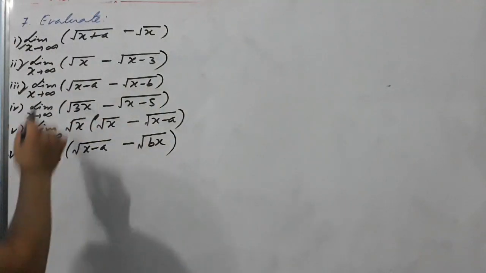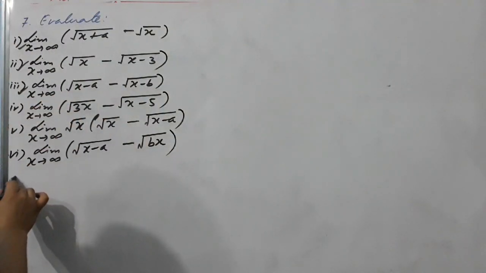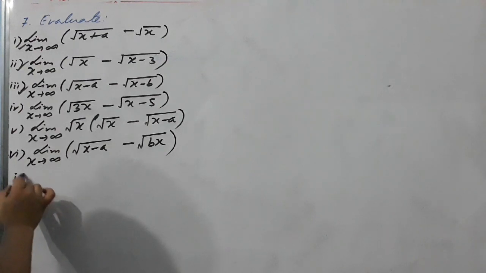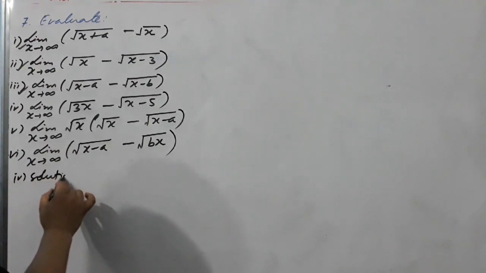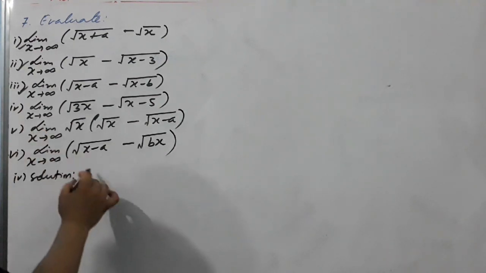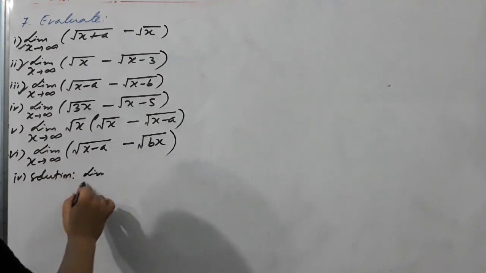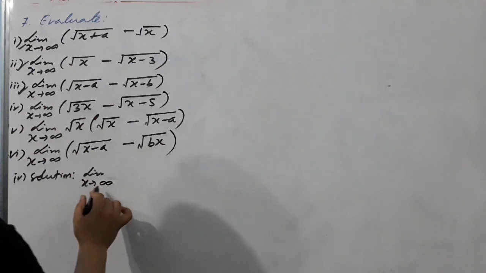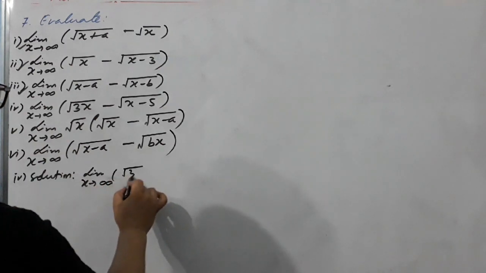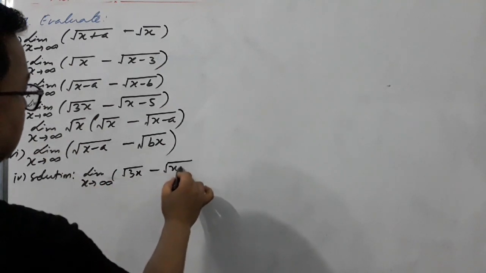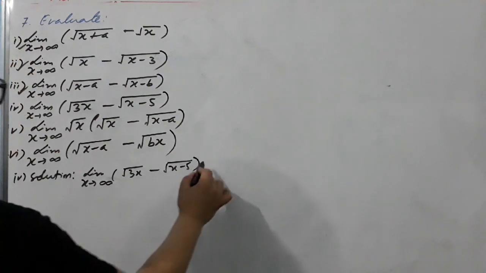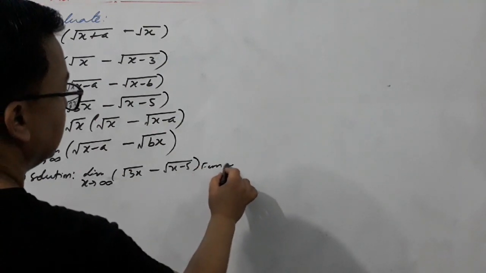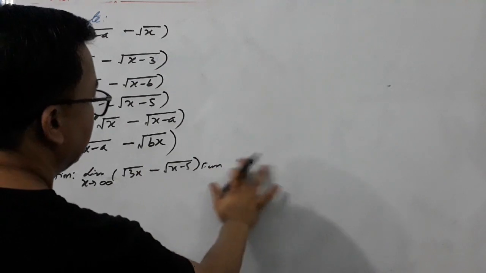Okay, question number 4. Solution: limit as x tends to infinity of root 3x minus root x minus 5. This is also infinity minus infinity form.